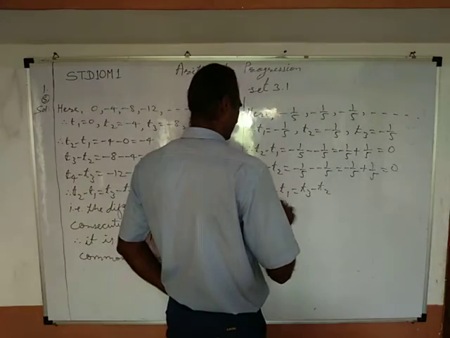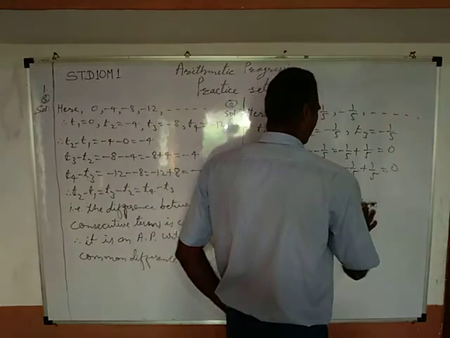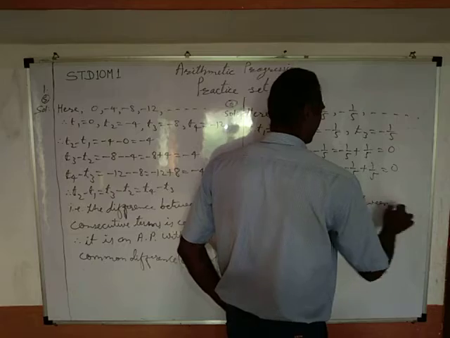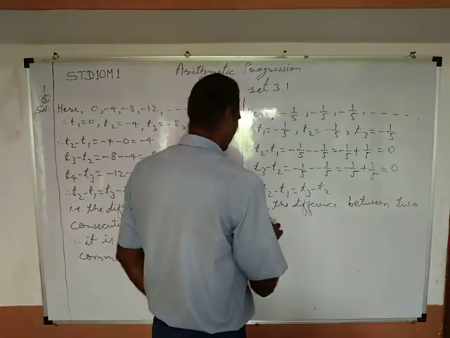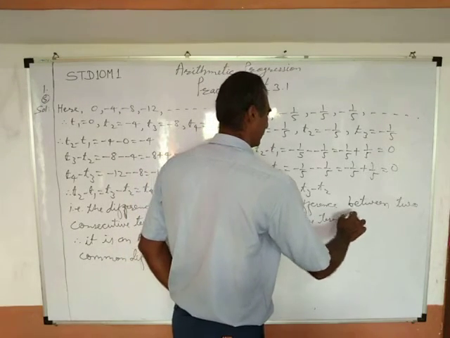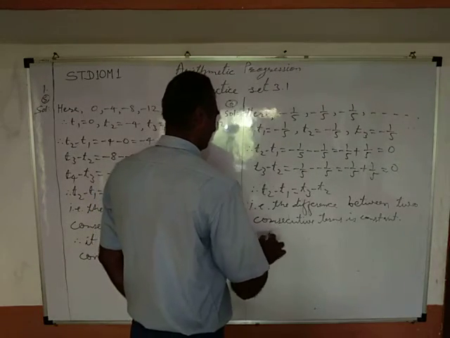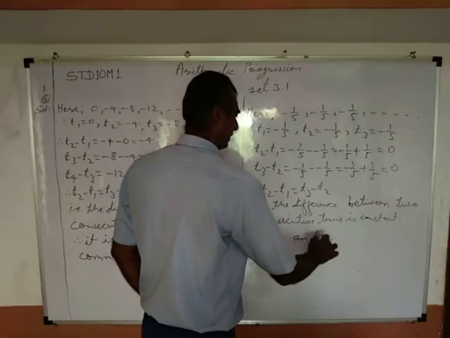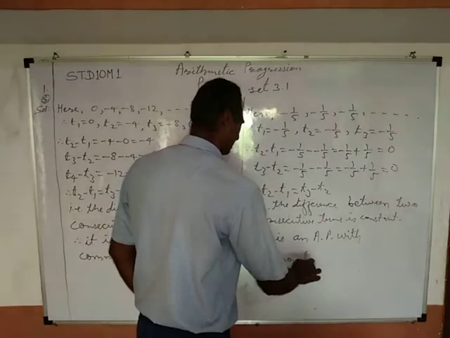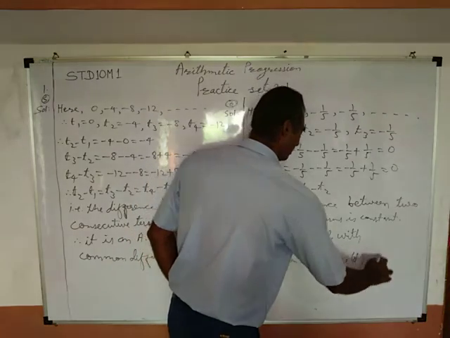That is, the difference between two consecutive terms is constant, and therefore it is an AP with common difference D equal to 0.